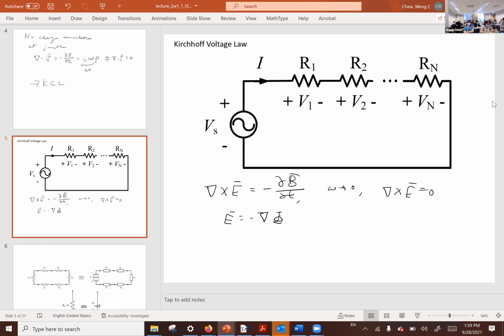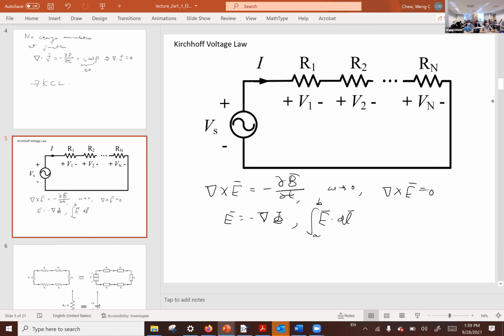Okay. And because E is defined as such, then you can actually define a voltage drop between 2 points. Because when something is defined to be the gradient of something, you can actually perform this integration in closed form. Because E is an exact derivative, so this actually can be integrated.